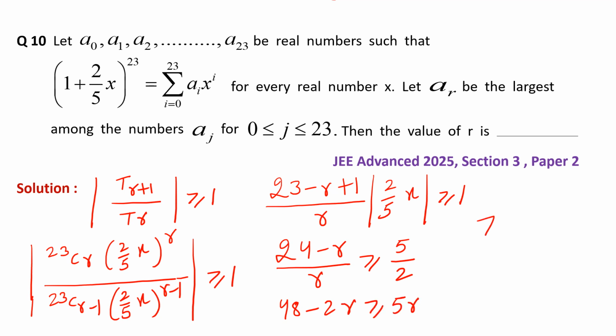And from here I can write 7r less than or equal to 48. That means r is less than or equal to 6.8 something. Now students, the largest value of r satisfying this inequality is clearly 6. So this means, as per the question, the required value of r becomes 6.